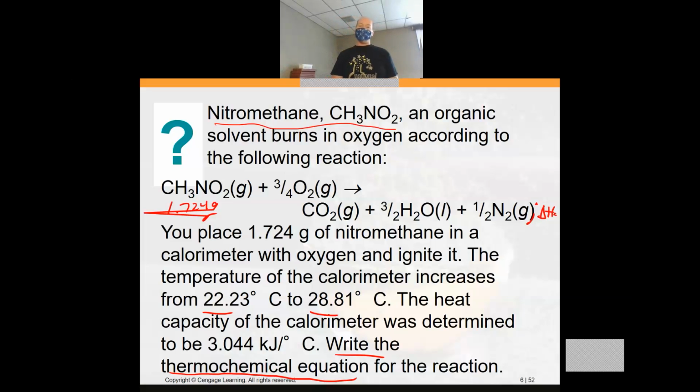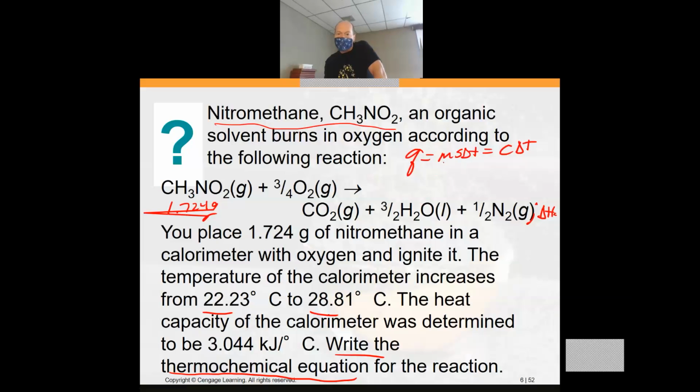Anytime your delta T is positive, that means it is getting hot. That means it is an exothermic reaction. And they give us the heat capacity of the calorimeter. So to find Q, well, it depends. It is m c delta T, and it is also C delta T. It depends on the problem.